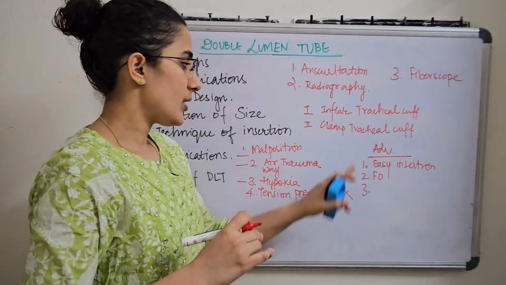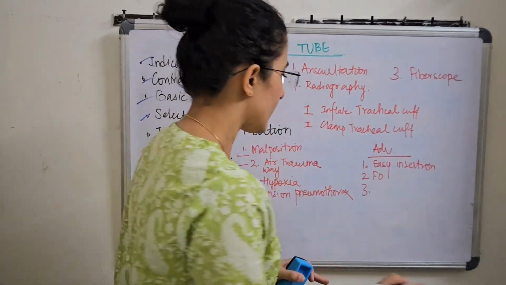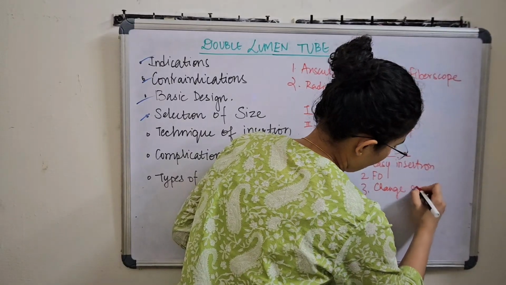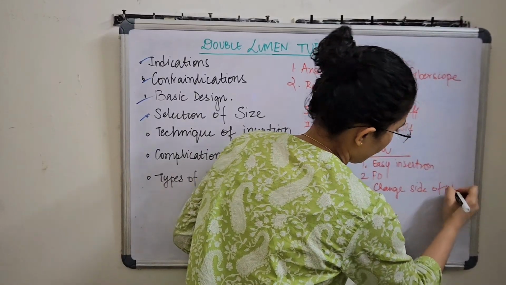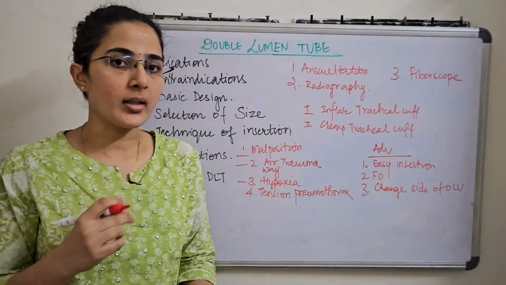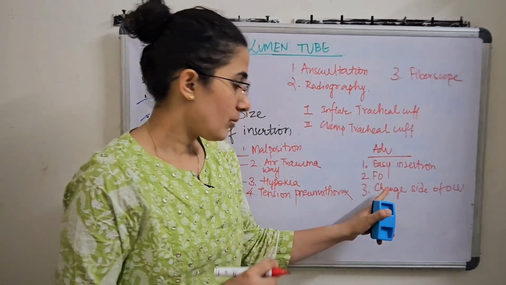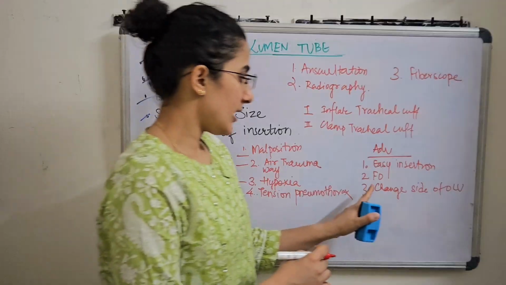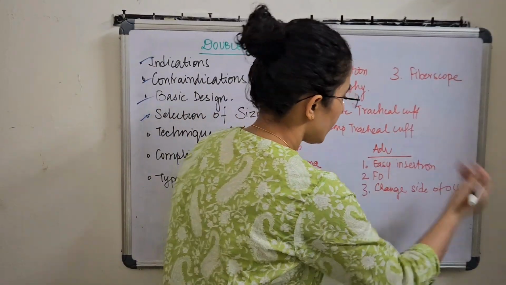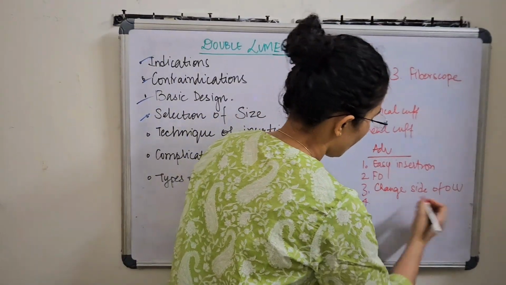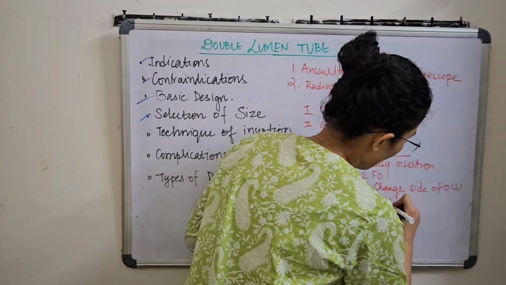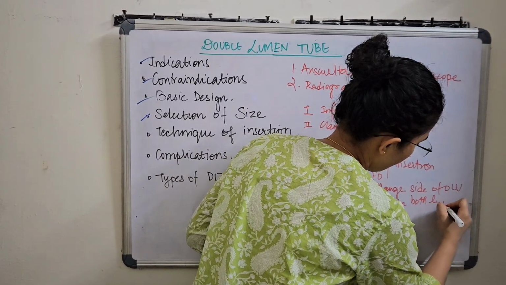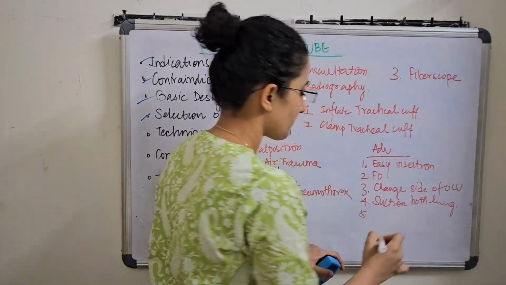Another thing present in a DLT is that you can change the side of one lung ventilation. This cannot be done easily in a bronchial blocker. Okay, it can be done, but the process will be very slow. But in a DLT, the change in the one lung ventilation will be fast, because you can suction both the lungs using the DLT, right?